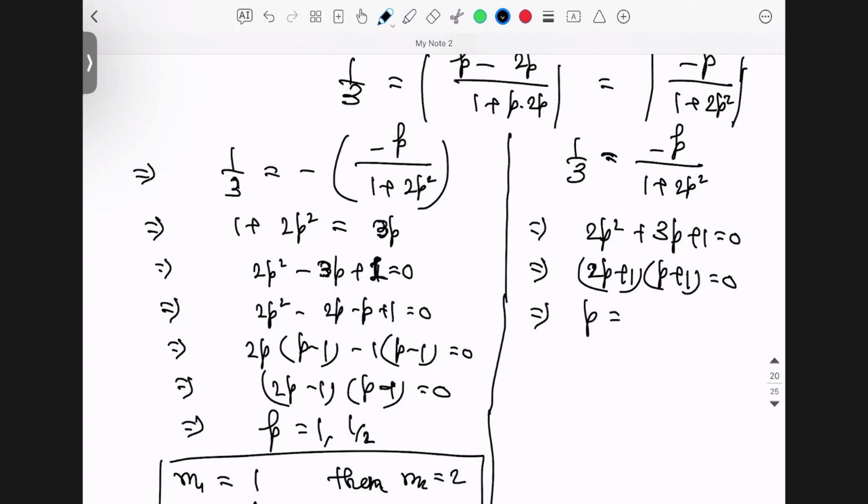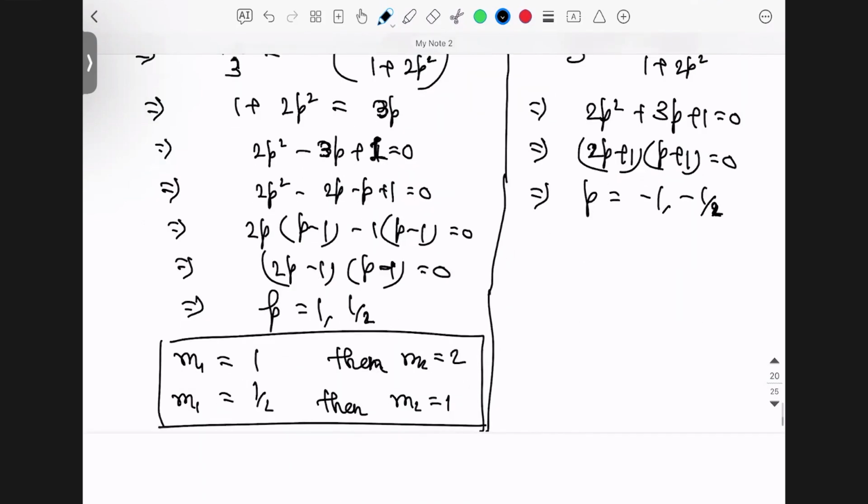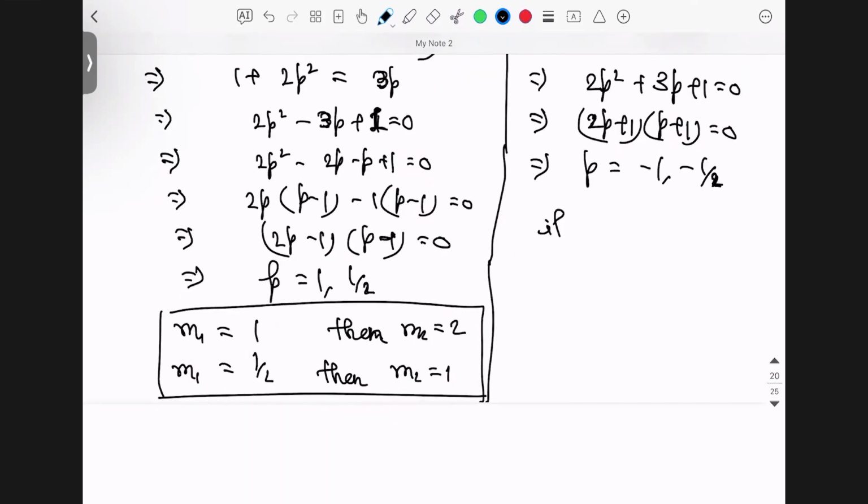This gives us p equals minus 1 or minus half. So in case m1 equals minus 1, then m2 equals minus 2. If m1 equals minus half, then m2 equals minus 1.